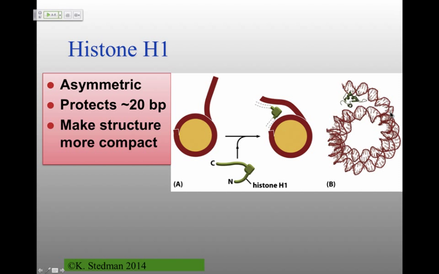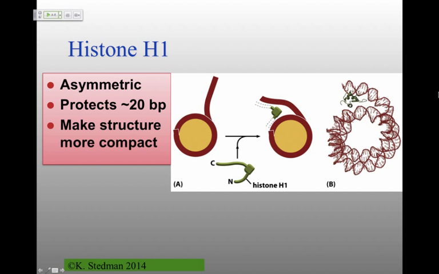And we can see basically what this does is it pulls the two ends of the DNA that would be coming off of your 150 nucleotides in the core nucleosome. That extra piece is just kind of pulled over even closer to the other end. And that way you're protecting a little bit more DNA from digestion by micrococcal nuclease, and you're compacting the DNA a little bit more.